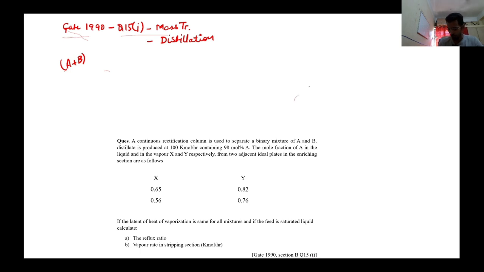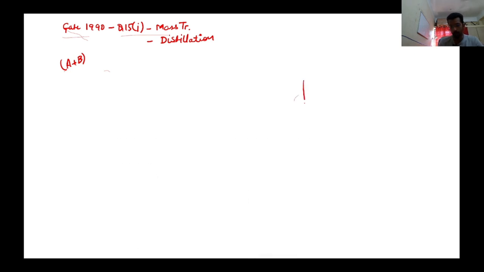Okay, so we need to draw a distillation column. Okay, so like this. There are trays. This is the condenser.